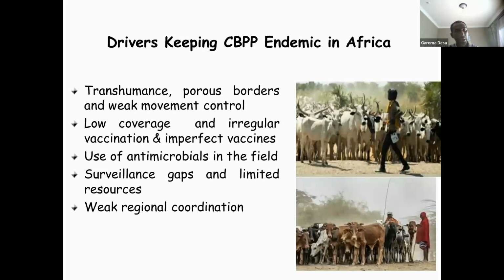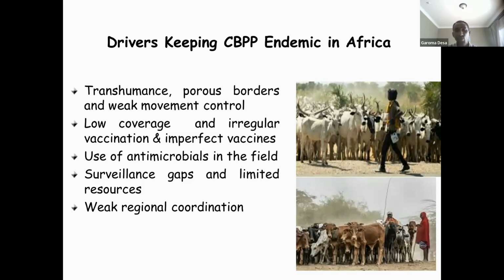What are the drivers keeping CBPP endemic in Africa? Transhumance. Transhumance means that in pastoral areas, communities are known for long travel in search of food, animal feed and water. They travel long distances, many kilometers, during which they transmit disease.